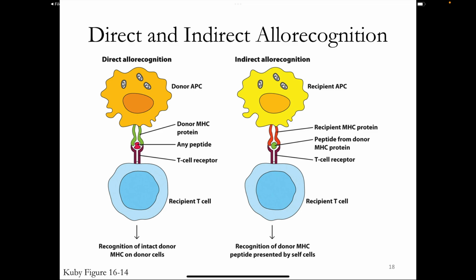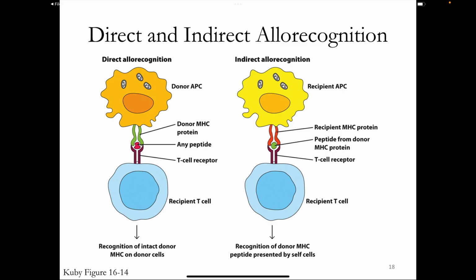And when that happens, the recipient's antigen presenting cell is going to degrade all of the proteins from that kidney cell and might actually present the donor's MHC molecule on its own MHC. Basically be like, look at this foreign thing I found. This is a protein that we did not see growing up. This is a new protein we never saw before that we are showing on our MHC molecule, because MHC is a protein. And so it can, in fact, get processed and presented by the recipient's antigen presenting cell as well.